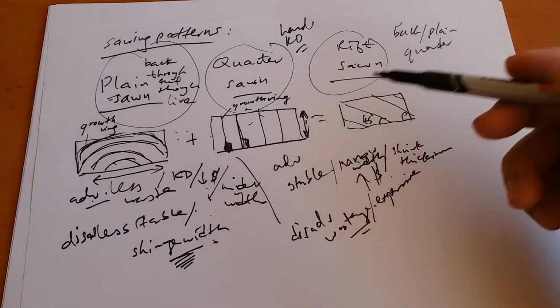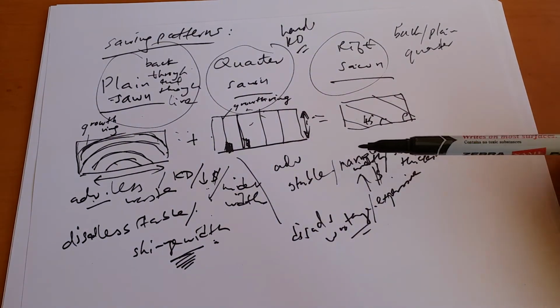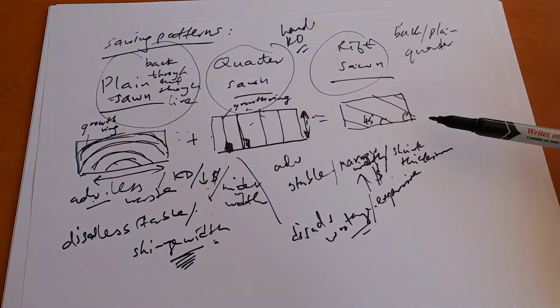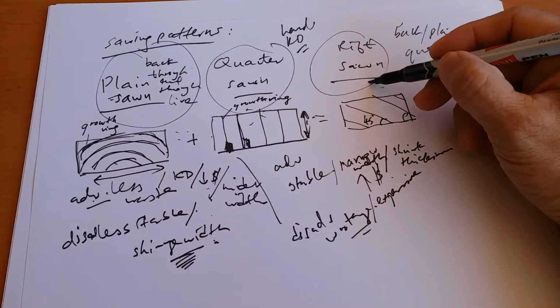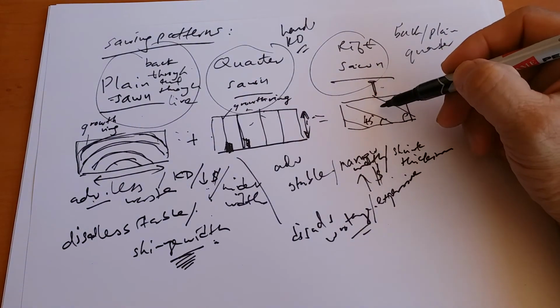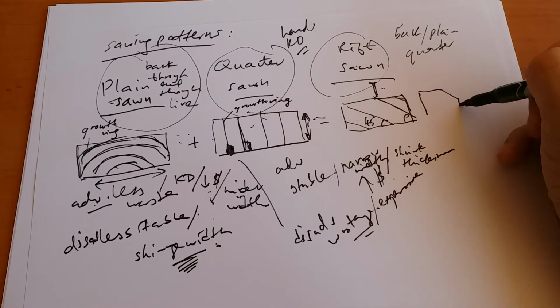So if you want to buy sawn timber, it's up to you which one you want to buy. Each one has its own advantage, each one has its own disadvantage. You can see here, rift-sawn. If you want to put a nail here, this one will wedge out.